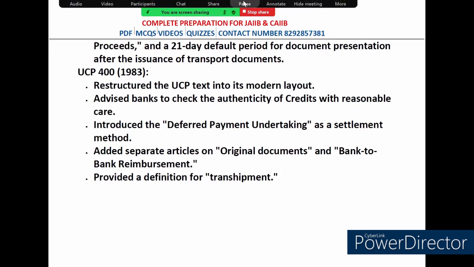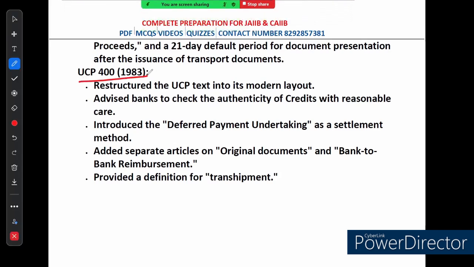Finally, let's look at UCP 400, which was introduced in 1983. This version further refined and clarified the rules to align with the realities of modern banking and international trade practices. UCP 400 continued to strengthen the framework for documentary credit, ensuring that the guidelines provided banks with clear instructions on handling various scenarios.